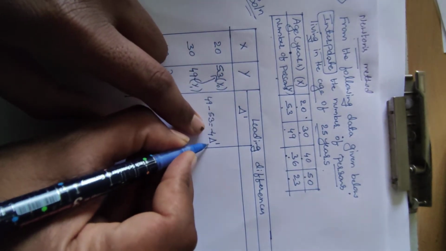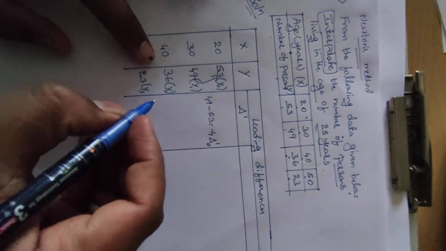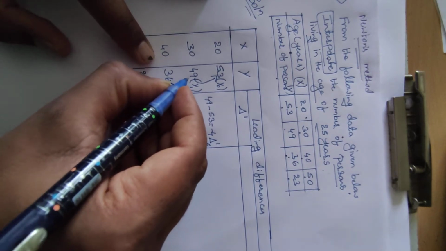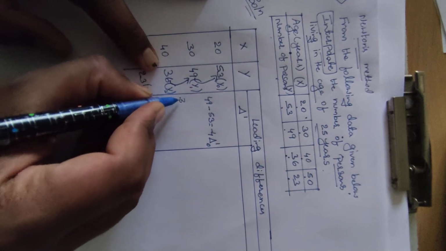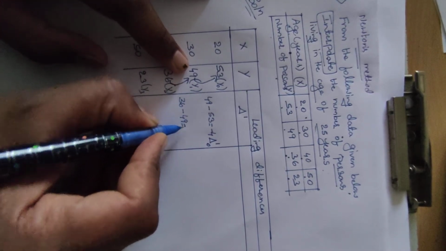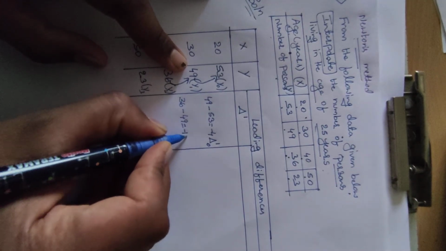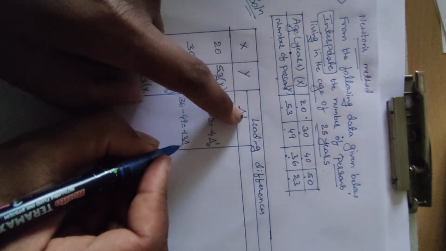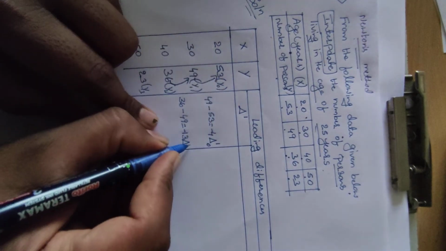Next, the difference between the third value and the second value: 36 minus 49. The answer is minus 13. This difference is also delta power of 1.